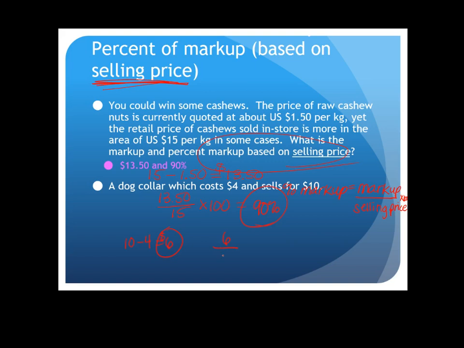The selling price was $10. And then I'll multiply by 100 in the end. So I get 0.6 times 100, or move the decimal over twice, and you get 60%. So it's marked up 60% of the price.